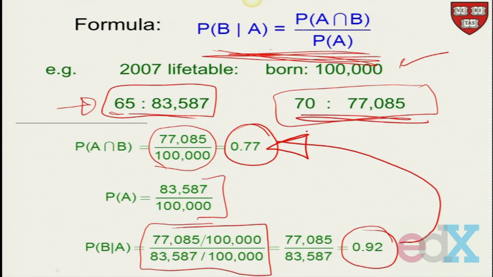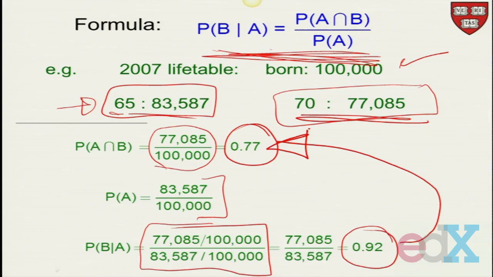Okay? So it's much higher than at birth, as we figured. You expect it to be much easier to live another 5 years than it is to live 70 years. And here it is. That's how much bigger the probability becomes.